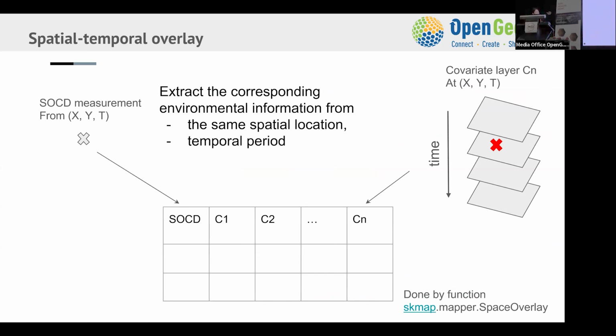Each row is an individual measurement, and each column stands for a different environmental feature. This is done by a function developed in-house at OpenGeoHub called scikit-map. And once we get this tabular data, we just feed it into the machine learning models, and the model gets trained so that it can be scaled up to generate predictions.